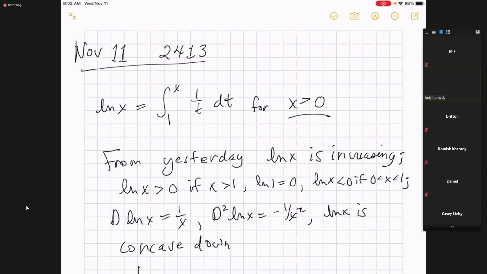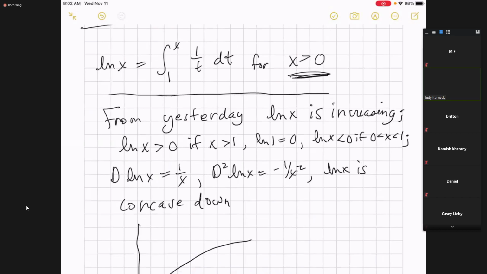But okay, so we started looking at this function. Ln of x is defined to be the definite integral from 1 to x of 1 over t dt for x greater than 0. So the domain of this function is the positive numbers.